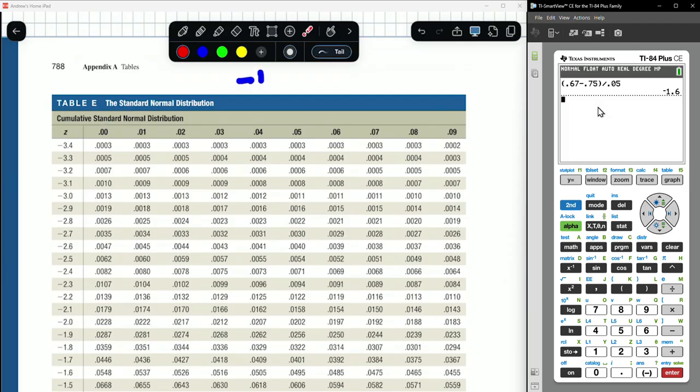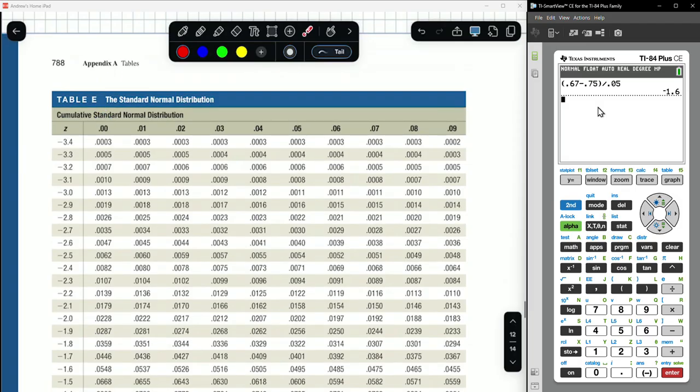We know we had negative 1.6, which is negative 1.60. So I need negative 1.6 here, and I need 0 here. So I know I'm in this first column, and I'm going to scroll down until I see negative 1.6, and I see it right here.